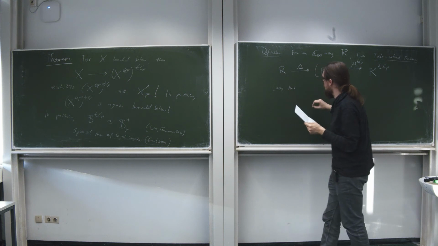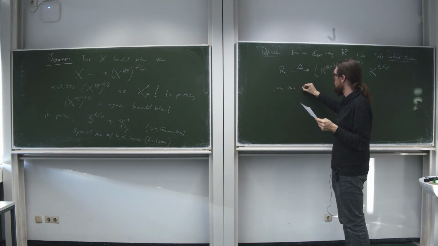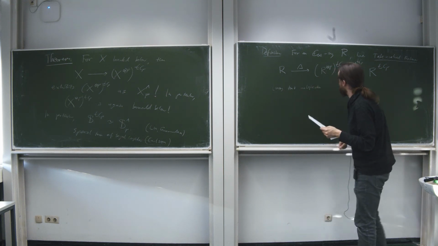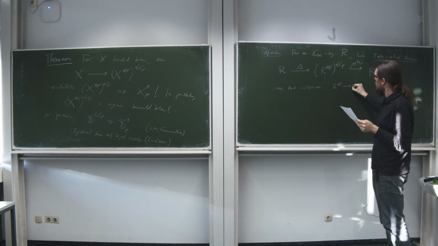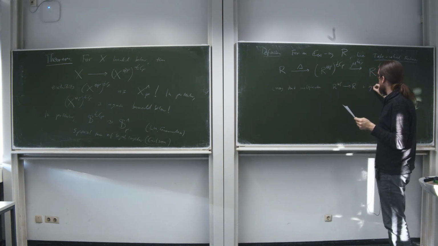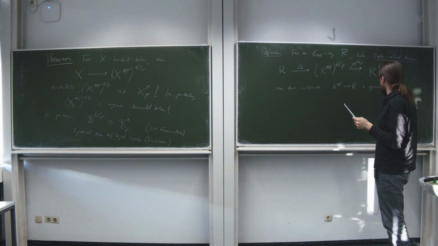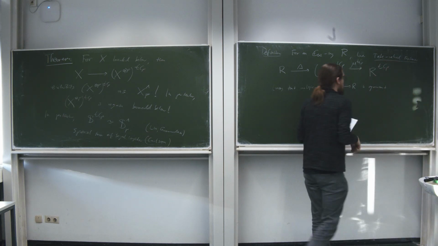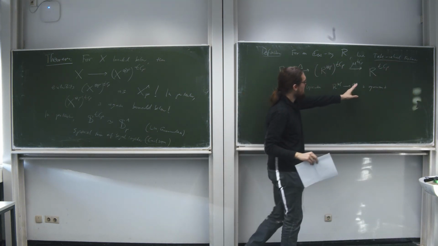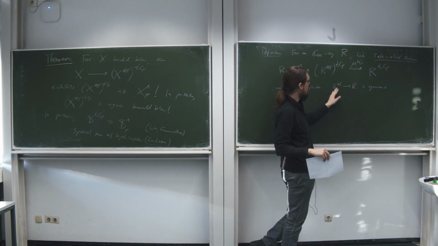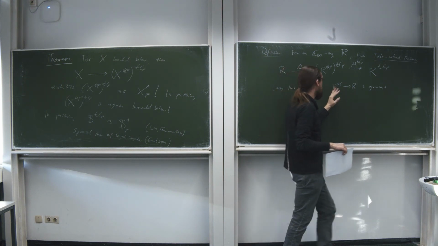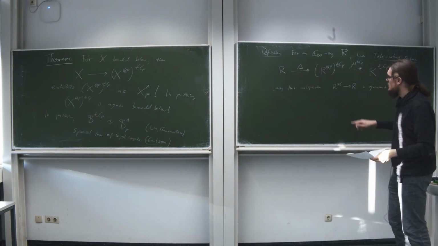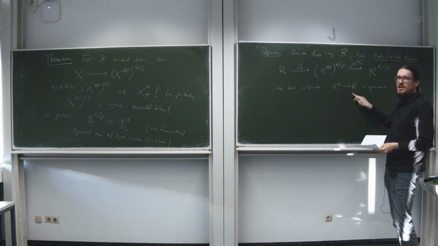So this uses that multiplication in an E-infinity ring is equivariant with respect to the trivial action on R and the permutation action on this tensor power. And one way to think about this is, what do I need to give an equivariant map like this?